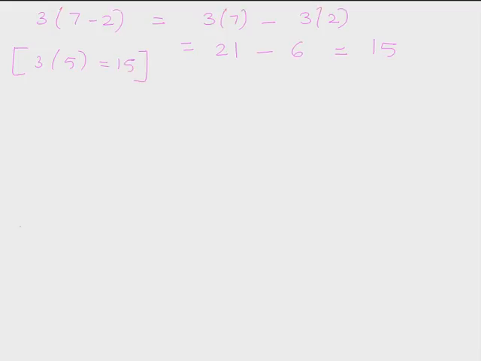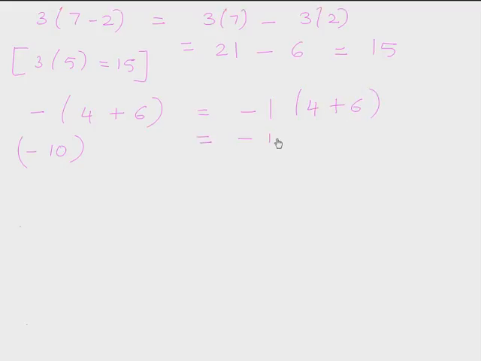What if there's a minus sign outside? What if it's minus (4 plus 6)? Well, we know that's minus 10. Let's see how it works. The minus sign outside can be interpreted as minus 1 times (4 plus 6). And then I distribute it.